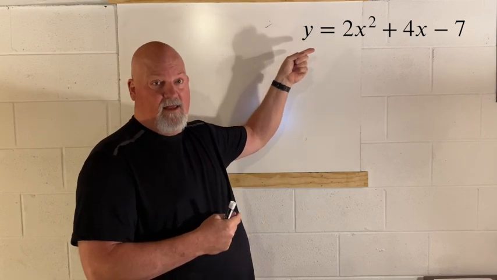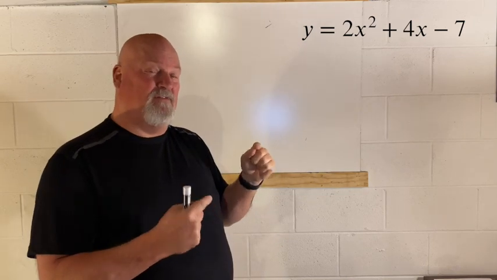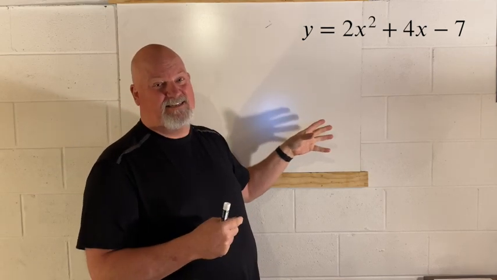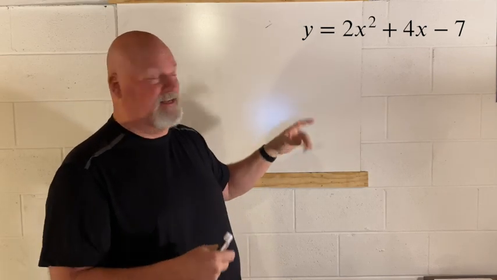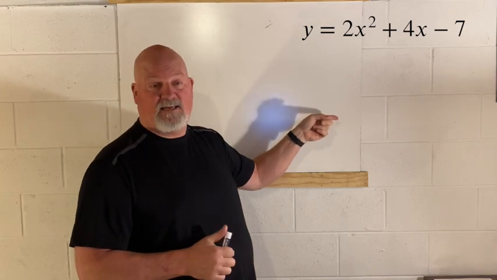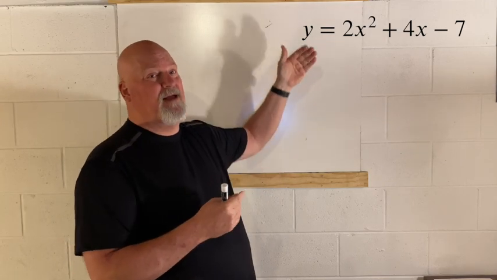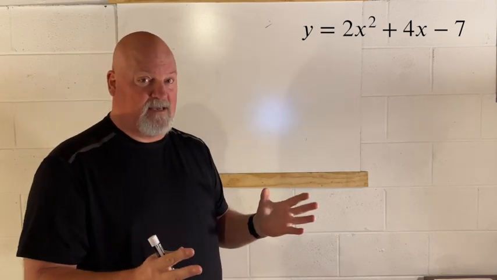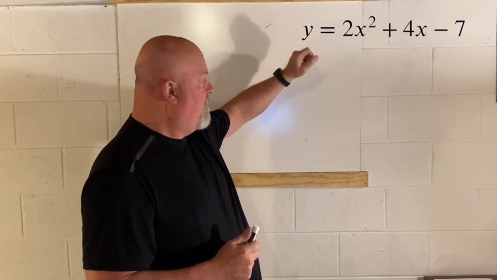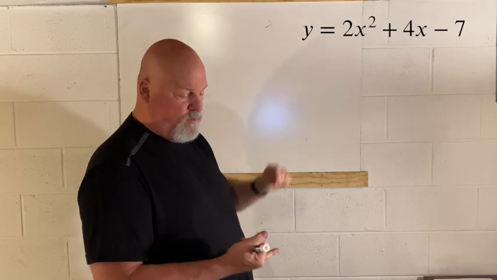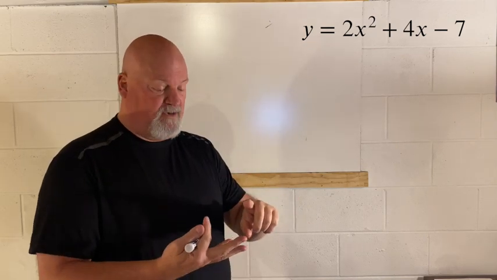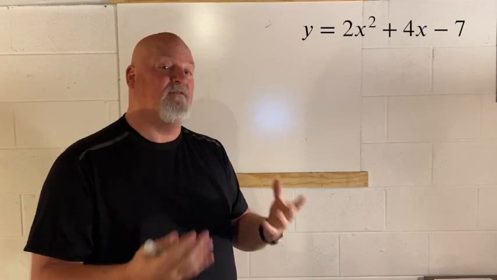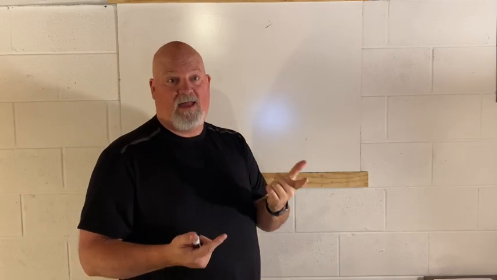B is the coefficient of the linear term, so that's 4. And C is always a constant. C is easy to remember, C constant. So C is negative 7. If you can remember A, B, and C, then everything else with parabolas falls into place. If we have A, B, and C, we can do the vertex, we can do the maximum or minimum, we can graph it, we can do everything we want.